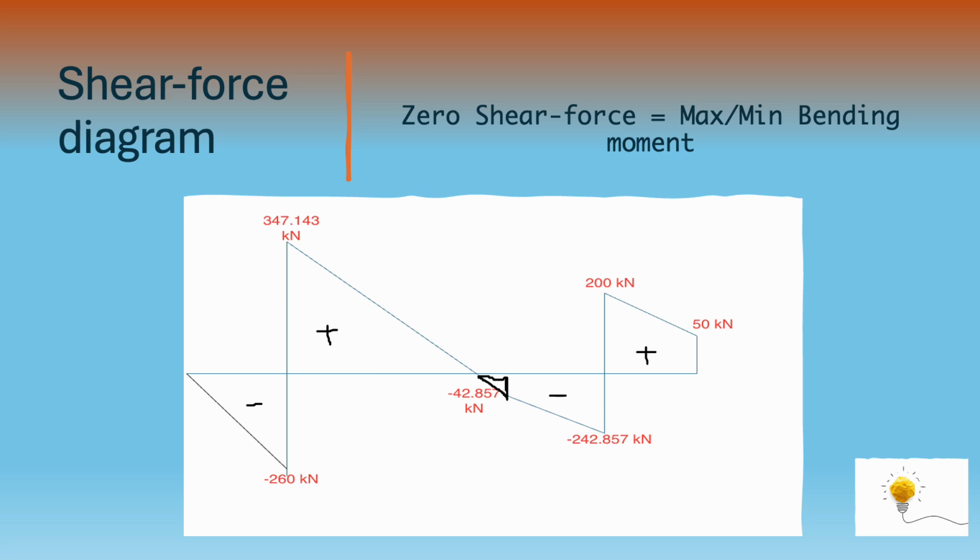Now what we are also focusing on, we need to find this point over here, which will give us the maximum bending moment. So this is where we'll find the maximum bending moment. Remember, we said wherever our shear force makes a 0, that point will either give us a minimum or a maximum bending moment.